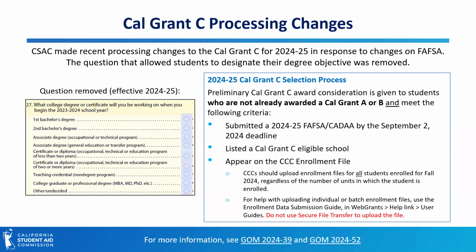There are some special notes: community colleges should be uploading enrollment files for all of their students enrolled in fall of 2024, regardless of the number of units in which they're enrolled. And if they need assistance, we do have a guide within Web Grants.